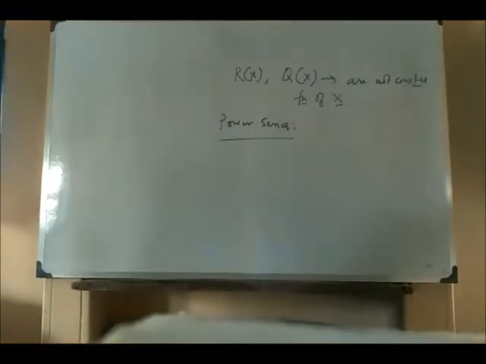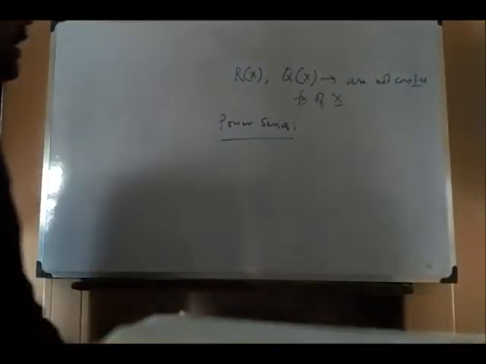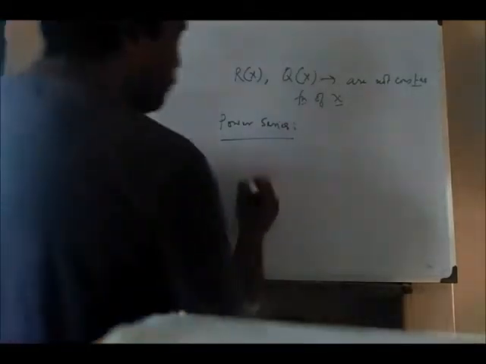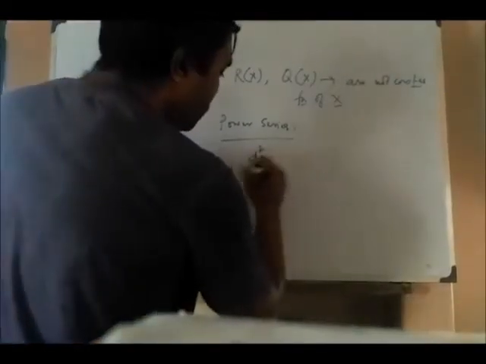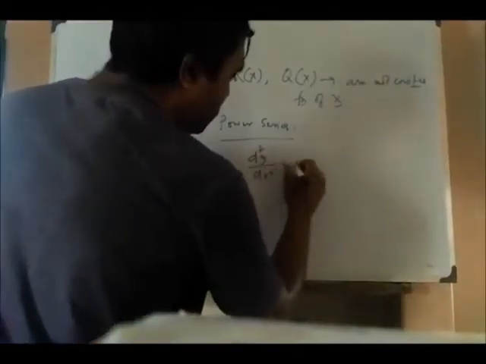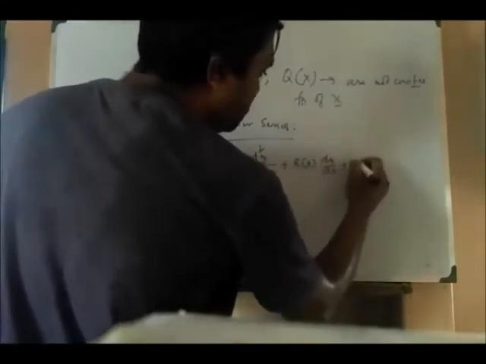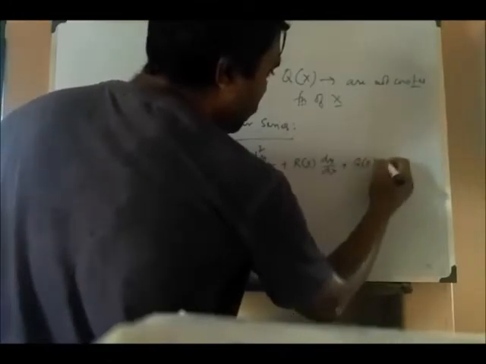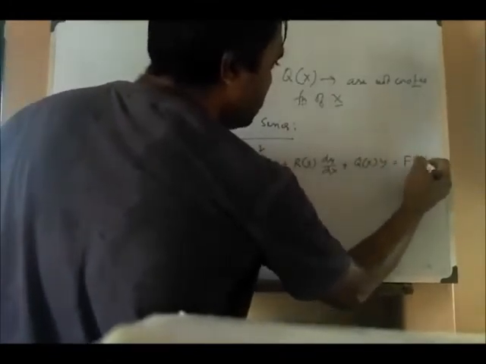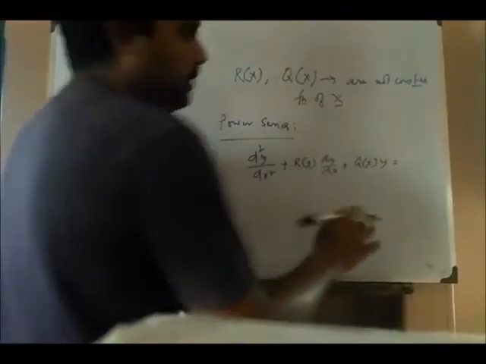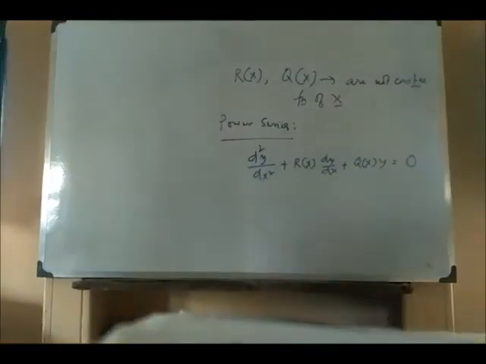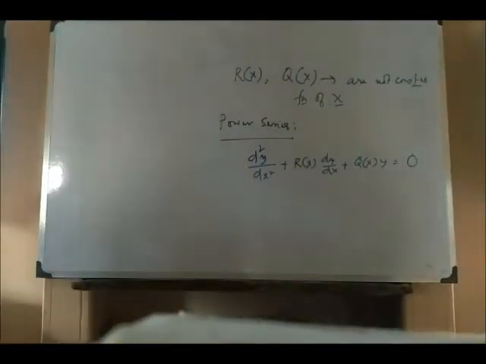Okay, so as far as we know, we have already learned the form of the differential equation: d2y/dx2 plus R(x) dy/dx plus Q(x) y should be f(x). And this f(x) at the right-hand side, for some special cases, we are dealing with as 0, as we are concerned about the complementary function of this solution.